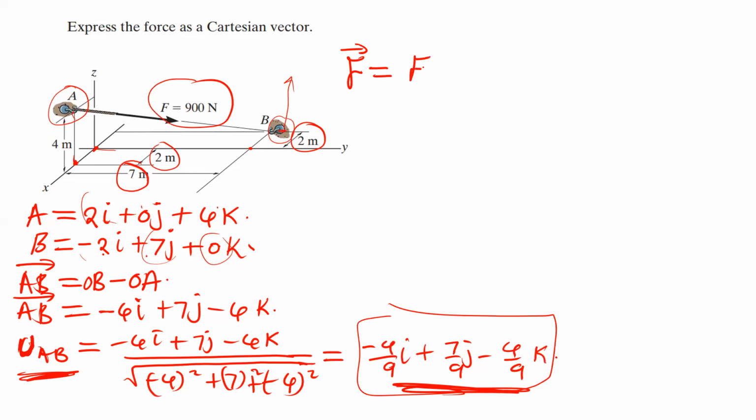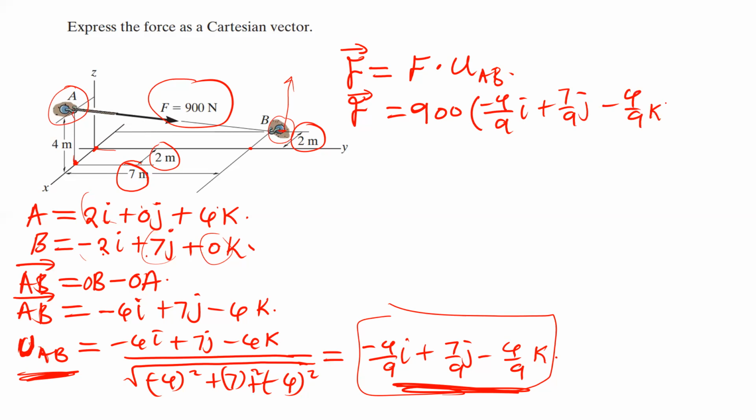So the force times the unit vector in the direction of AB. So we have the force being equal to 900 multiplying by the unit vector, negative 4 over 9i plus 7 over 9j minus 4 over 9k.